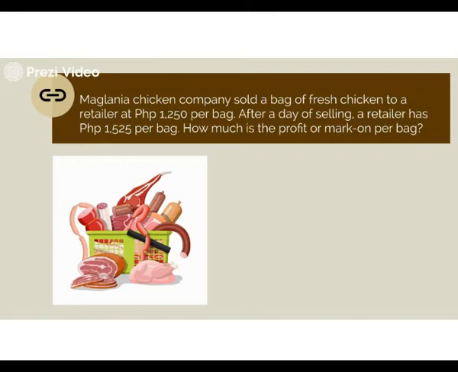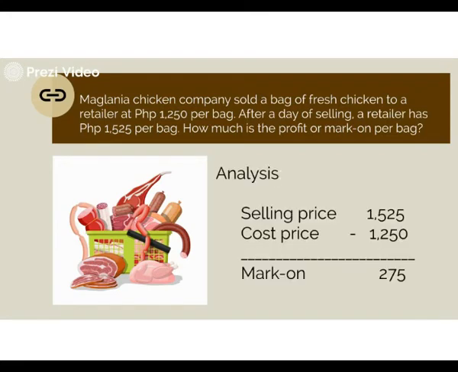So here in our problem, the selling price is 1,525, while the cost price is 1,250. Getting the difference will arrive at 275 pesos, which is our profit per bag or mark on per bag.